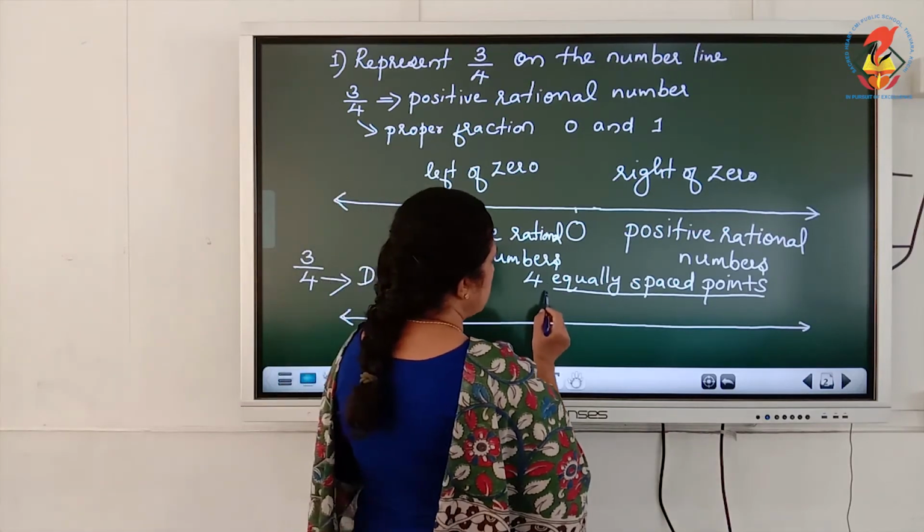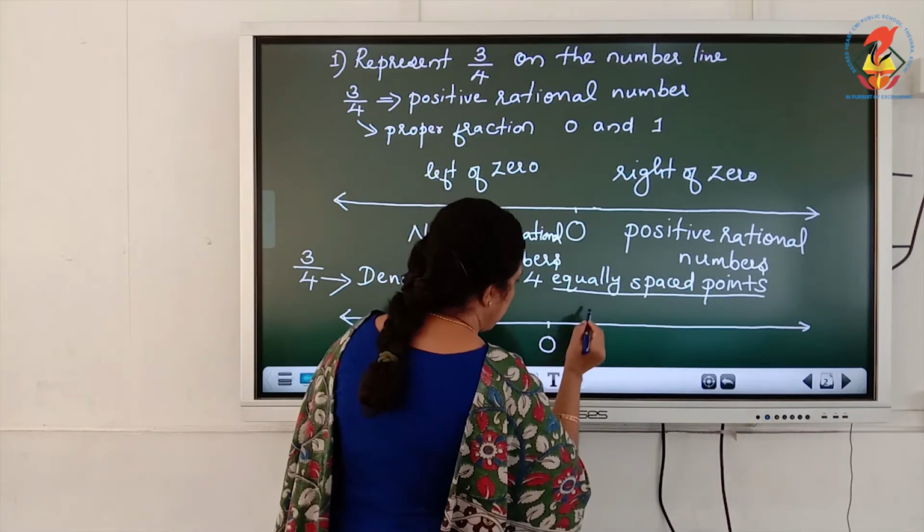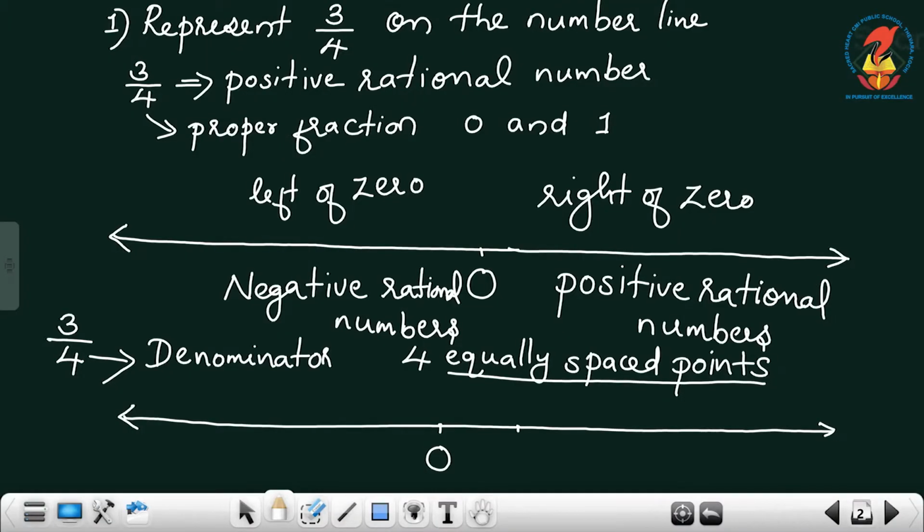So, how many points do you have to mark? 4 equally spaced points. So, take 1 centimeter and mark the first point. Then from there again 1 centimeter, second point, again, then third point and again fourth point. So, you can see 4 equal parts and the first point represents the first part.